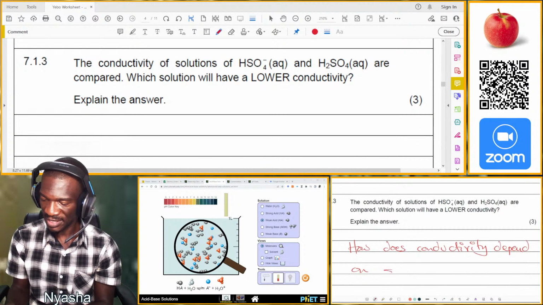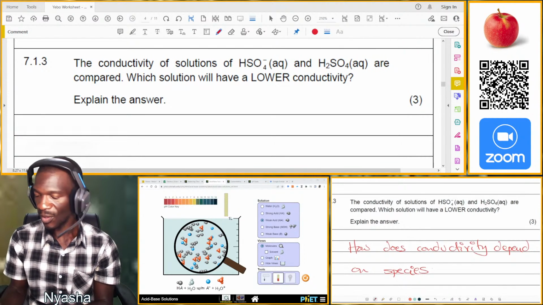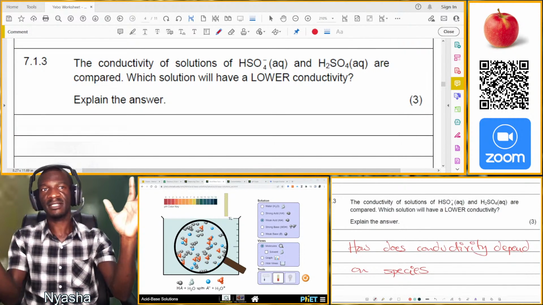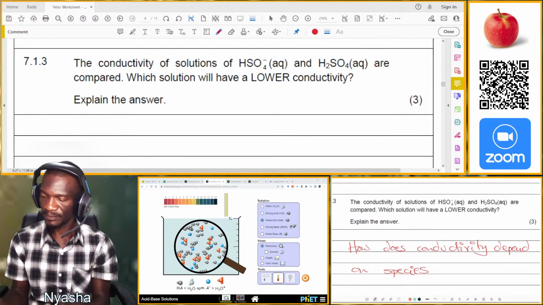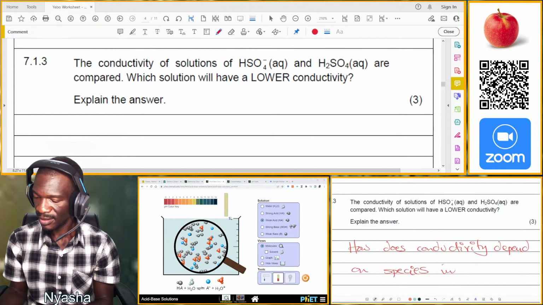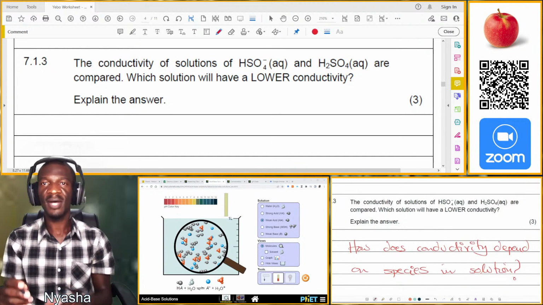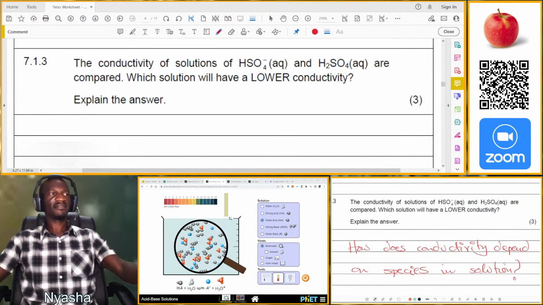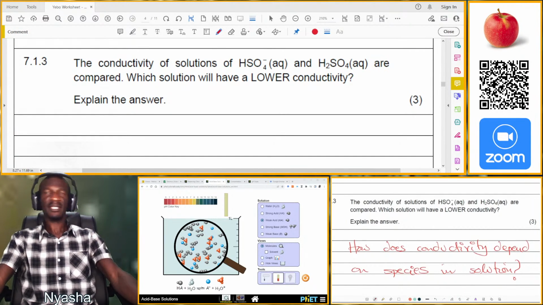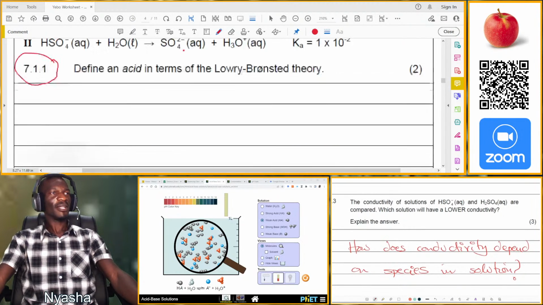Species or molecules or ions, so I'll just leave it at species, because species will cover everything. So ask yourself, which means you're looking at conductivity. That's your topic. So you go and look at these two solutions.